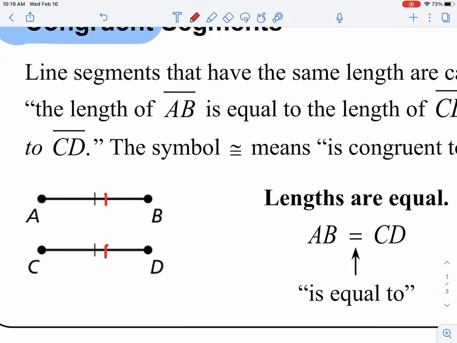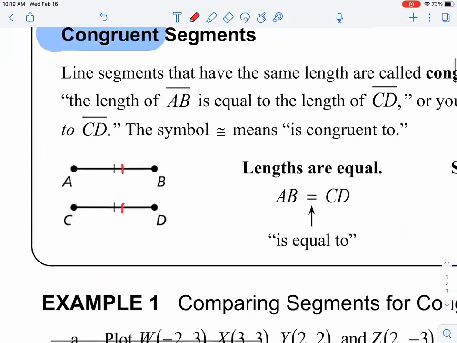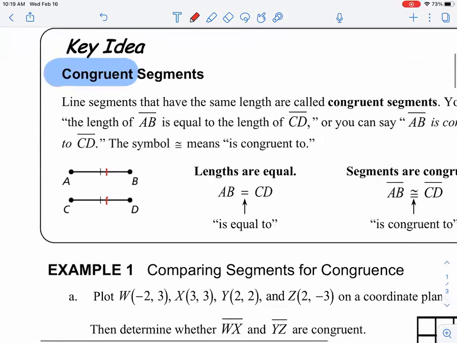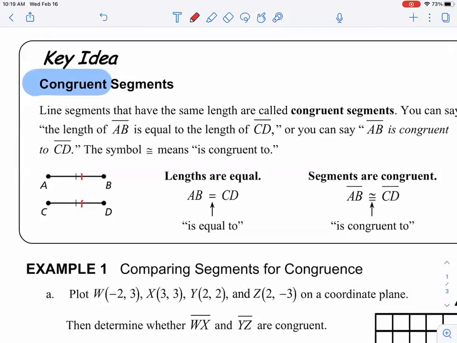Put 3 dashes on one, you put 3 dashes on the other, meaning they're the same length. When they are congruent, this symbol right here, an equal sign with a little squiggle over it, means congruent. That means they have the same length, as opposed to just an equal sign, which means they are exactly equal, numerically.